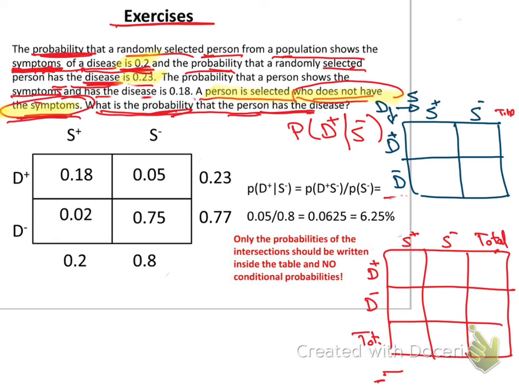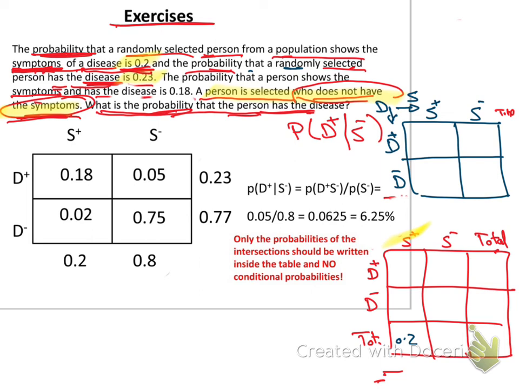The person has symptom is here, capital S. So the total of these people equals 0.2. This is the total number of the people who are having symptoms. He didn't say symptom with disease or symptom with no disease, only symptom, so he's talking about the total of the symptom.